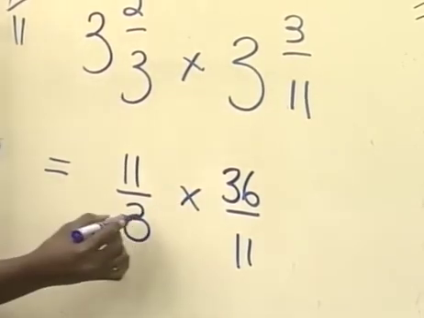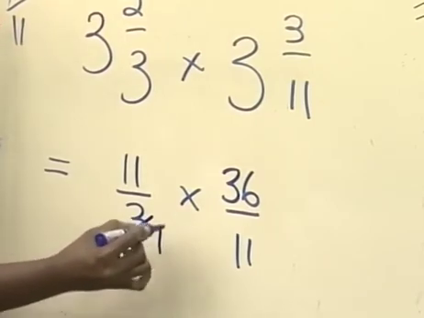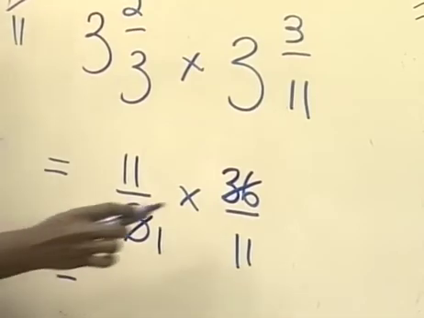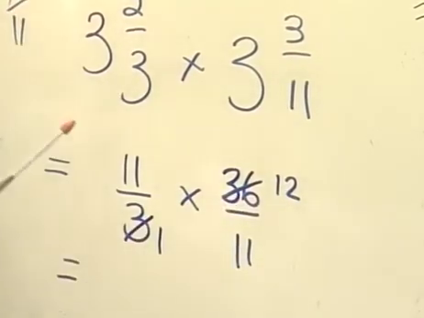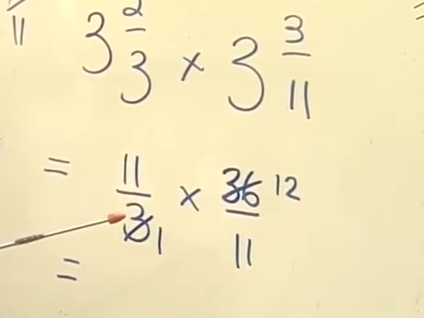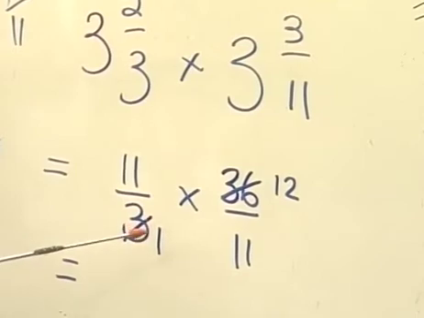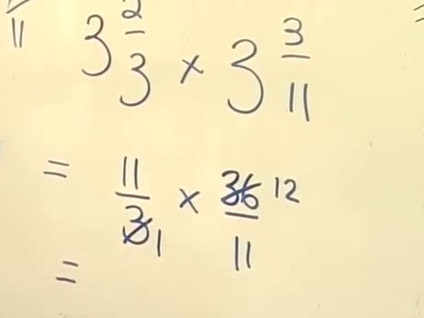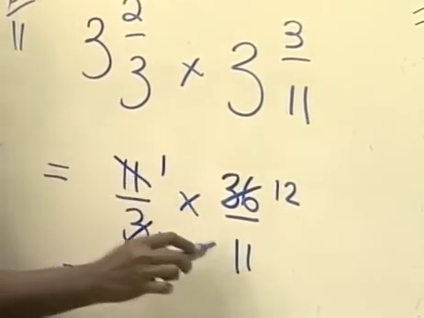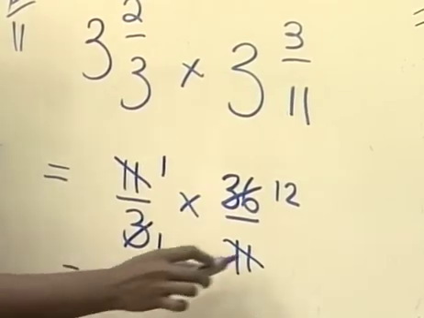So 3 into 3 is 1, 3 into 36 is 12. What about this 11 and 11? Can we cancel? Yes. By what number? 11. 11 into 11 is 1. 11 into 11 is 1.